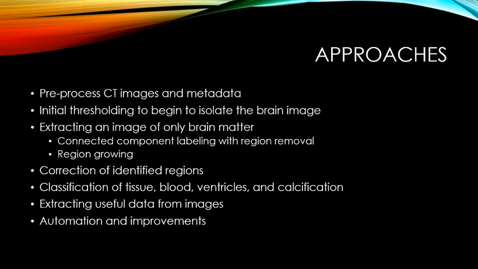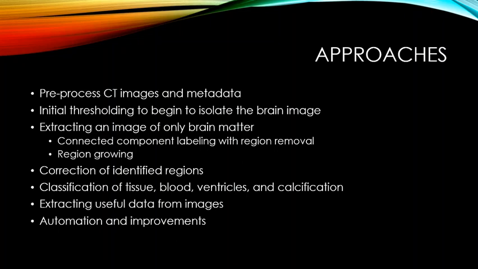So for our approaches, first we found that we were required to pre-process the CT images and the metadata which came along with the DICOM images. Then we needed to apply initial thresholding to begin to isolate the brain image.